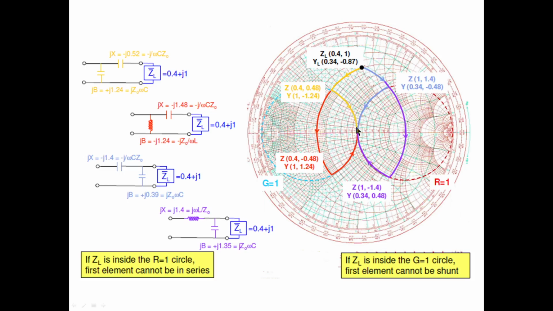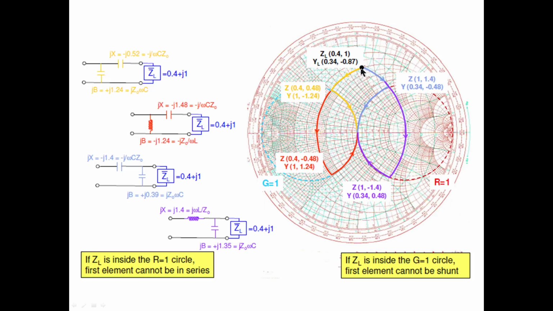First moving on the resistance circle is a capacitor in series. Moving on the conductance circle adds the capacitor in shunt. That is another solution that also gives impedance matching.